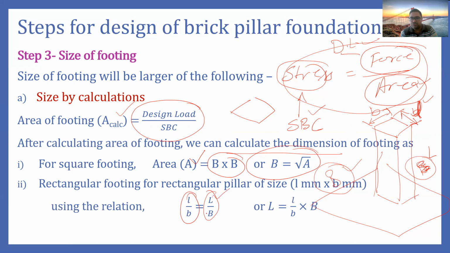With the help of this ratio, we can easily calculate the value of L. We know that the area of a rectangle will be B into L. Now if we put the value of L equivalent to this, since we already know the values of small l and b, we can easily calculate the value of capital B. This is how we calculate the values of B and L in case of rectangular footing. So that is the first criterion, in which we calculate the size by calculation.